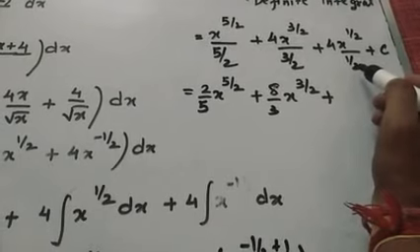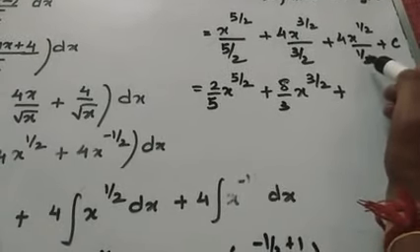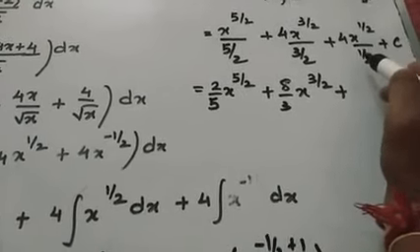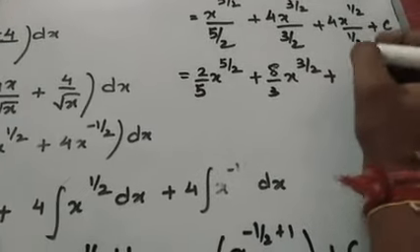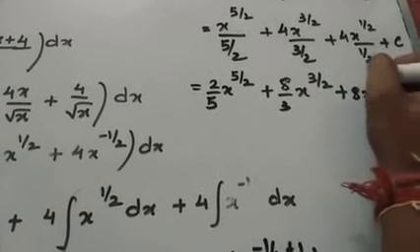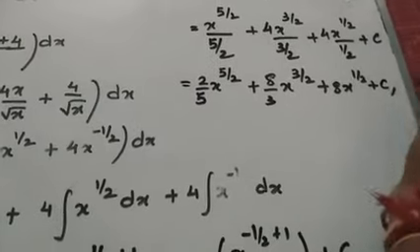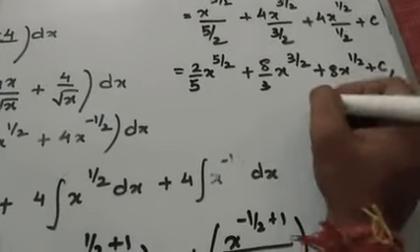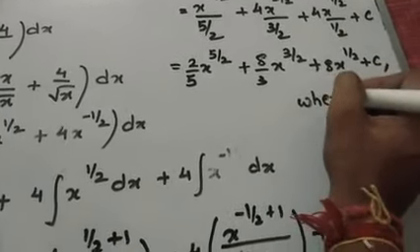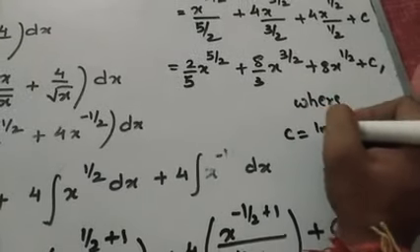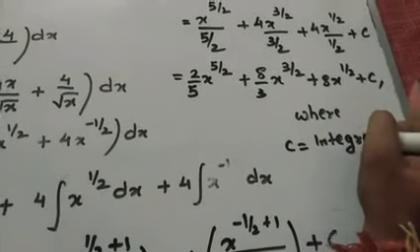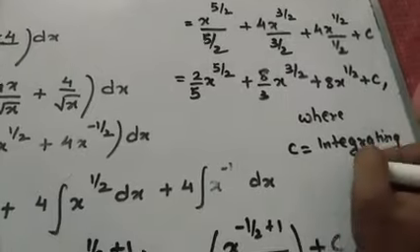Now converting half into multiplication, that is 2 by 1, and 2 by 1 is 2, 2 into 4, that is 8 x to the power half, plus 1, and you have to always write where c is your integrating constant.